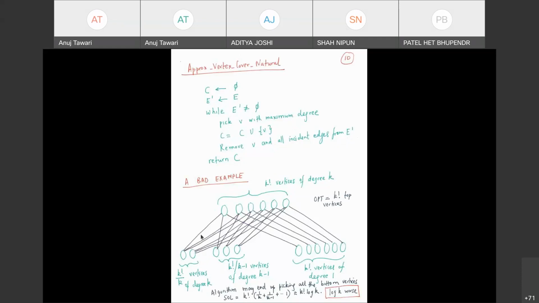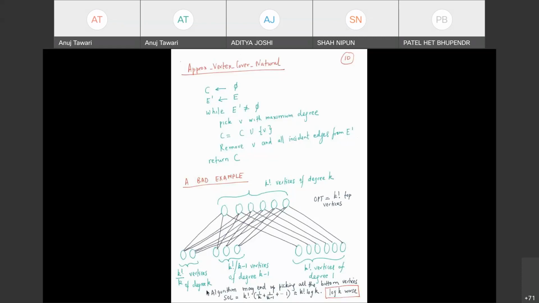Then what happens is that every vertex at the top will lose at least one neighbor. Or in fact, it is losing exactly one neighbor, because all these vertices were connecting to disjoint subsets of the top.